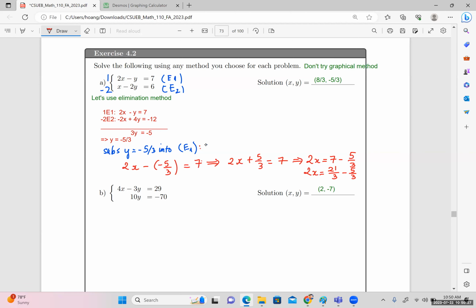And because of that, I do the operation on top and keep the bottom, and then we have 2x equal to 16/3.